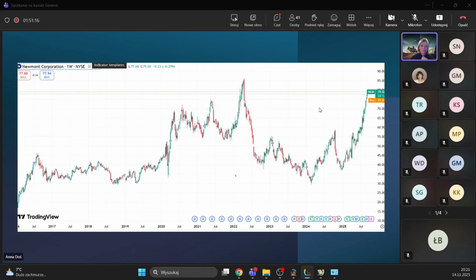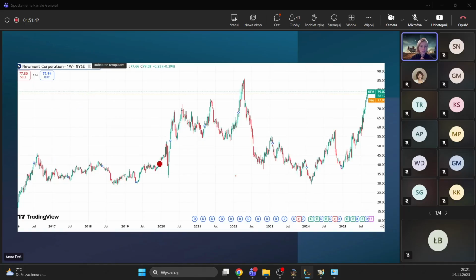Now, probably if I asked you a question of whether you want to have a gold mine, the students usually answer that they want to have a gold mine. But please take a look at this chart. This chart shows us the value of equities issued by the Newmont Corporation, which is a gold mine.